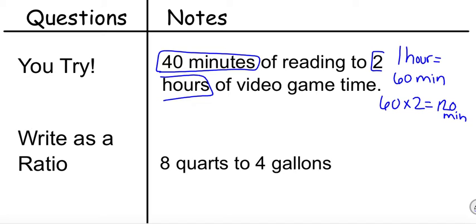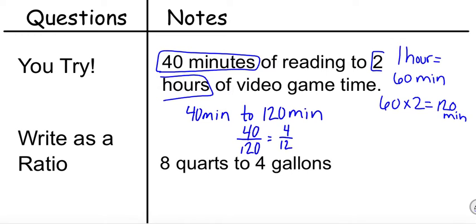So that tells me that I am comparing 40 minutes to 120 minutes. And then I'm going to write that as the fraction. I notice that 10 can go into both of them, giving me 4/12. And then I notice 4 can go into both of those, leaving me with 1/3.